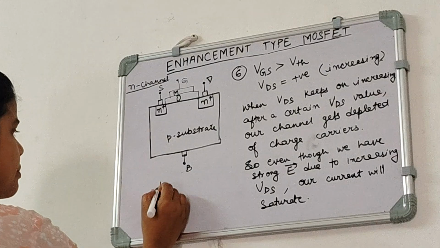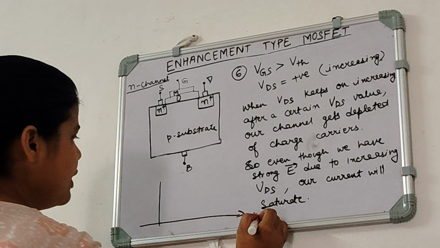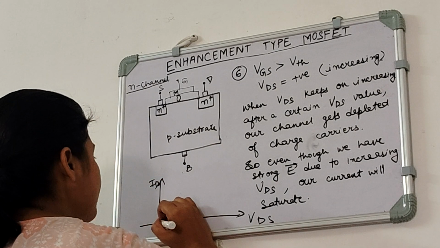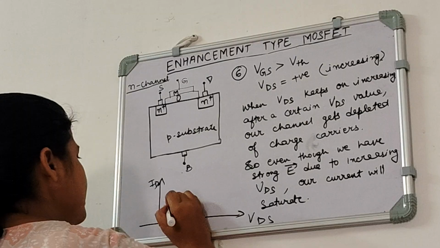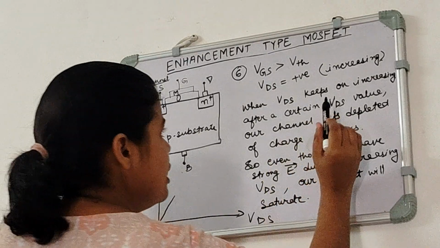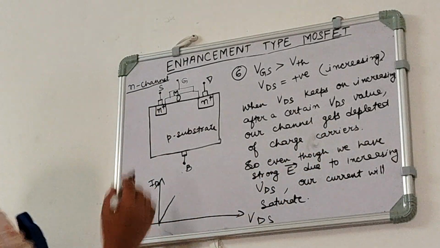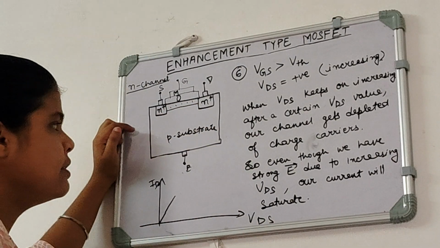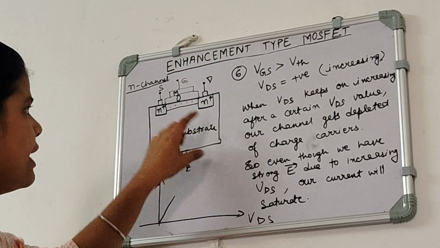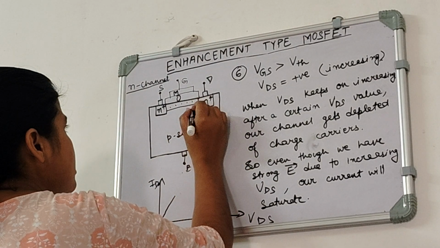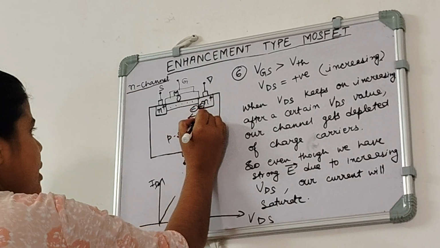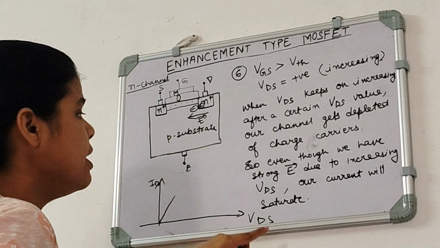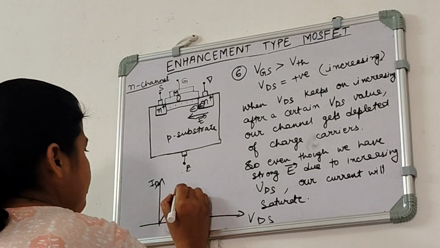This is VDS and this is ID. So when we increase VDS, our current also increases. But after a certain VDS value, our channel, like this is our channel, let's suppose, will be so depleted of charge carriers that even though we have strong electric field from this side to this side, due to increasing VDS, our current will saturate.